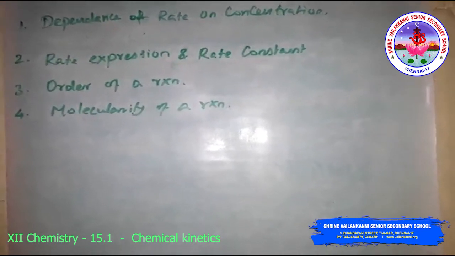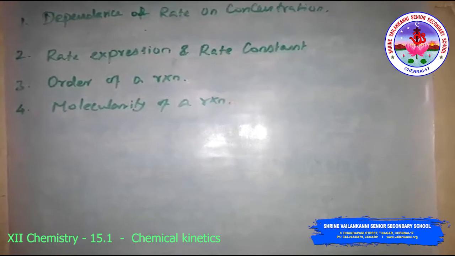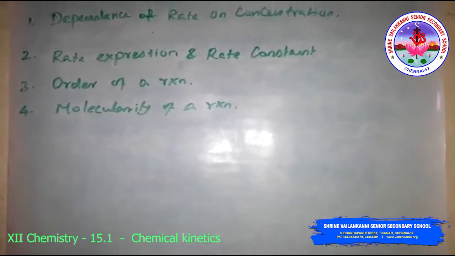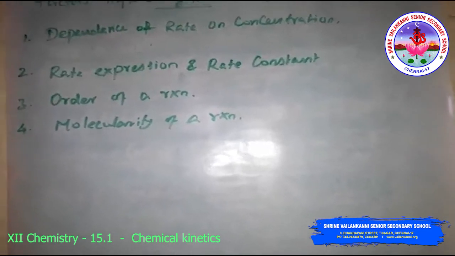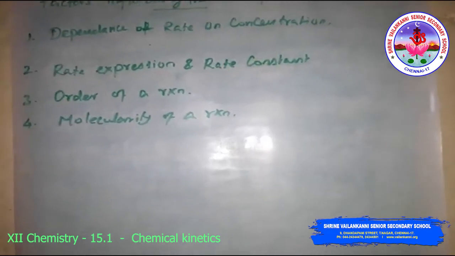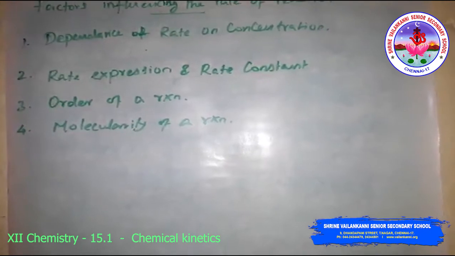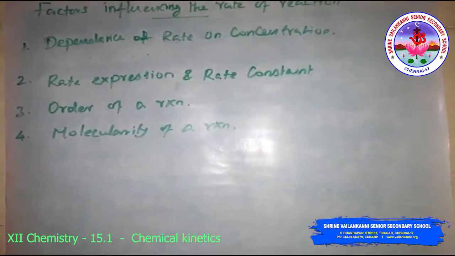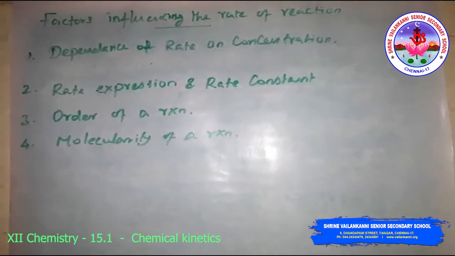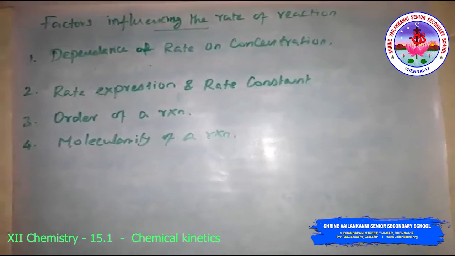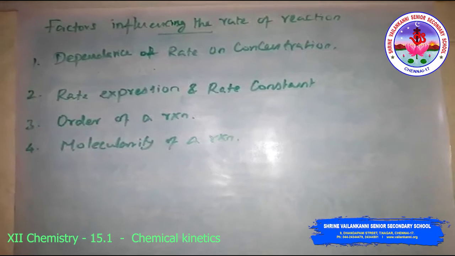First, we will see the dependence of rate on concentration. The rate of a chemical reaction at a given temperature may depend on the concentration of one or more reactants and products. The representation of rate of reaction in terms of the concentration of the reactants is called rate law.